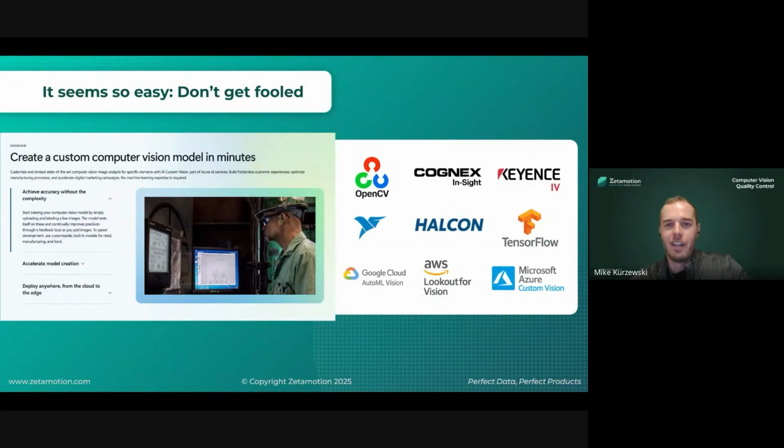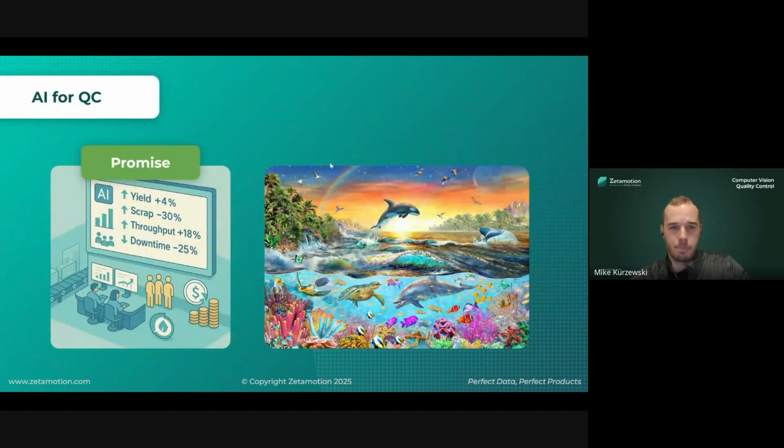It's definitely not a problem that can be solved in just a matter of minutes. There's a lot of bottlenecks and a lot of challenges you're going to have to cross in order to get it working for you and working for your line.